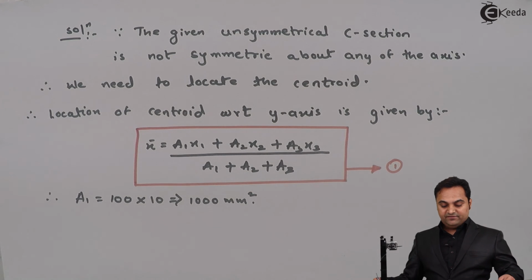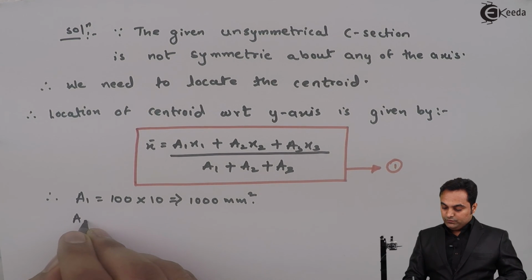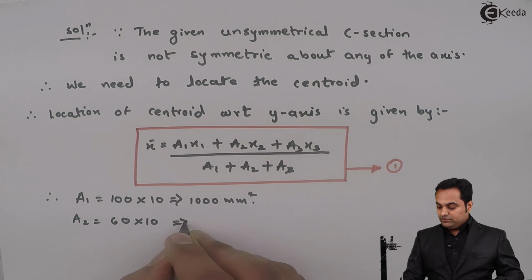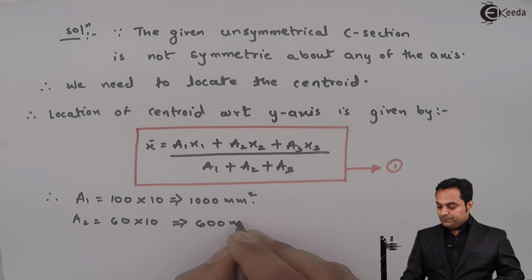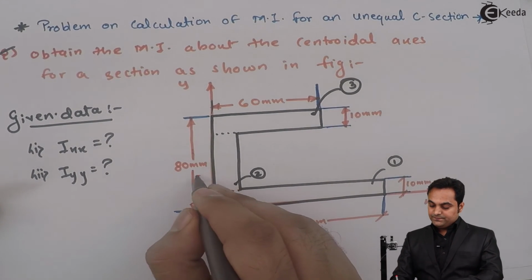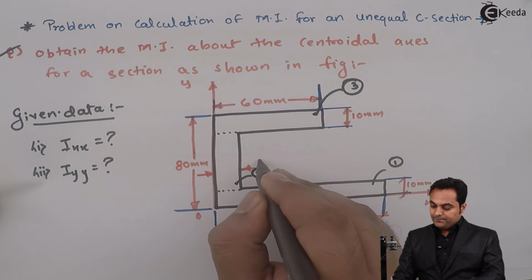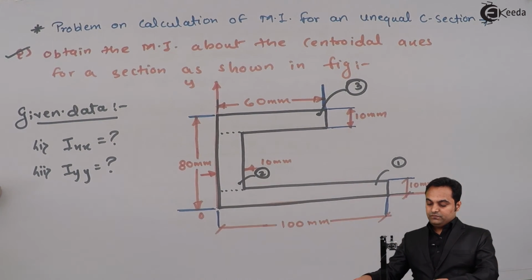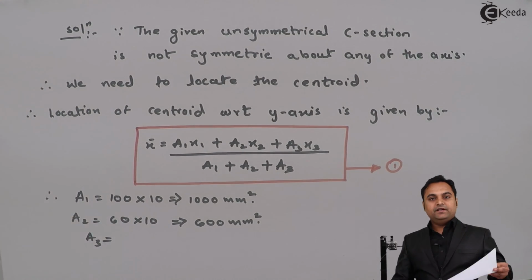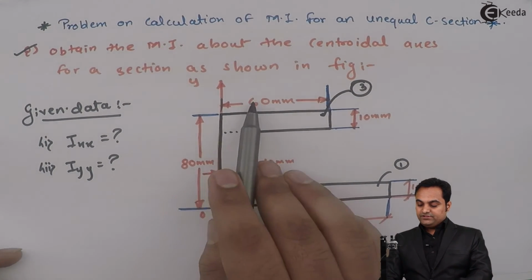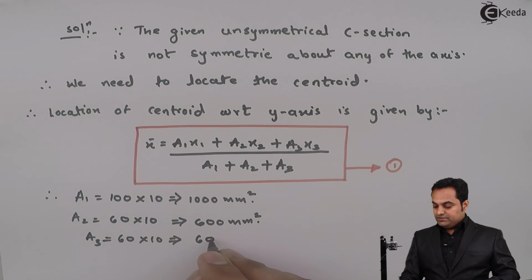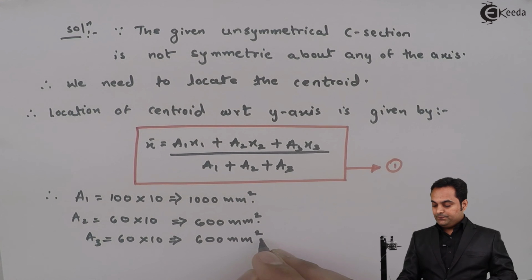So here we have area 2 is equal to 60 into 10, that is equal to 600 mm square. Here the distance is 10 mm. Now after getting area 2, we'll calculate area 3. It will be 60 into 10 again, which is 600 mm square.